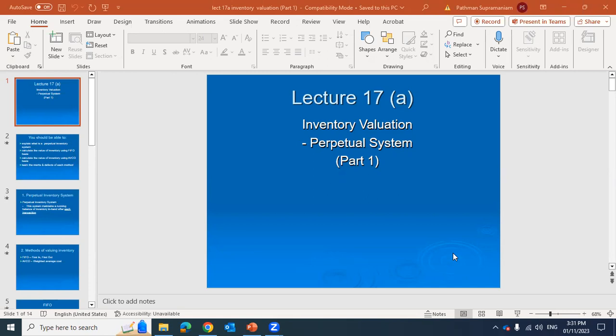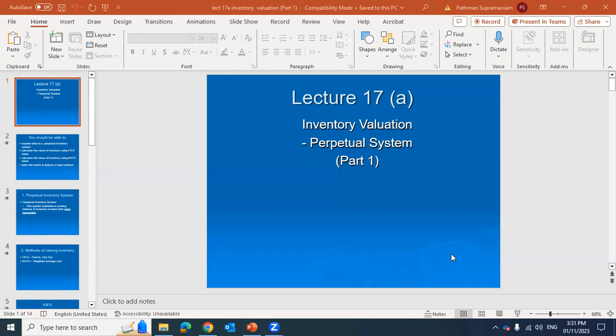In real life, inventory is stored in a warehouse, and the storekeeper is in charge of managing or controlling the movement of inventory in and out of the store. The storekeeper needs to know what is the inventory, how much of inventory is coming in, and how much of inventory needs to be taken out.